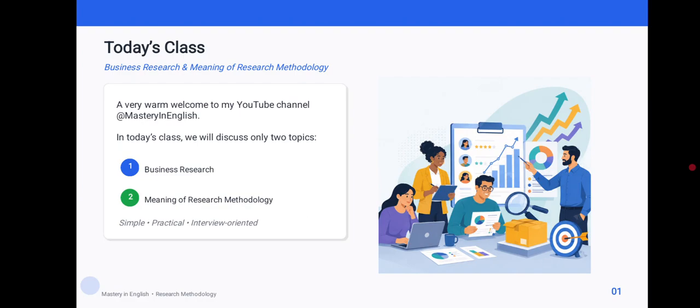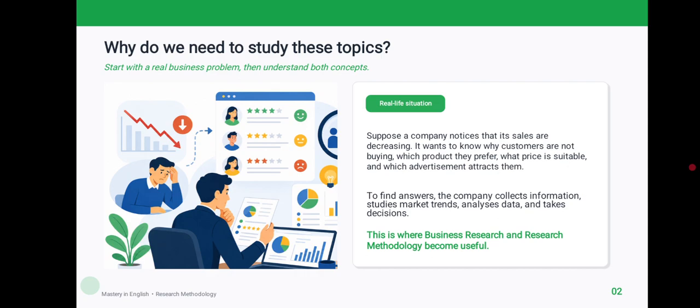So students, before starting the topics, let us understand why we need to study business research and research methodology. Suppose a company notices that its sales are decreasing. Now the company wants to know why the customers are not buying its product. The company may ask questions like, why are sales going down?